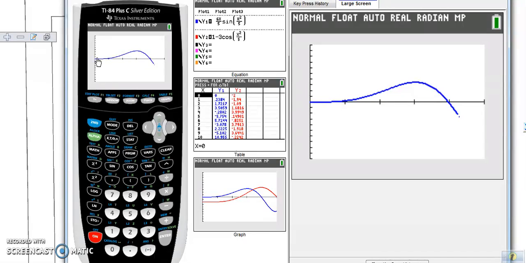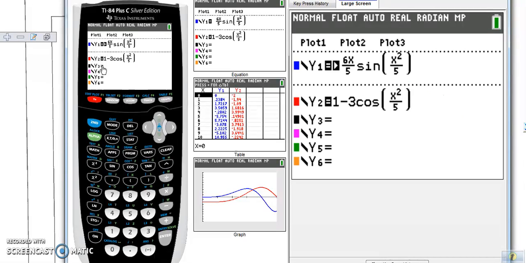If you accidentally graph a function that you didn't want on the AP test, you don't want to be waiting for it to all graph before you can finally move around. You can stop it, hit second on, and now you can move and change whatever you wanted to change. I just thought I'd show you that little trick so that you can use it on the AP test if you need it.